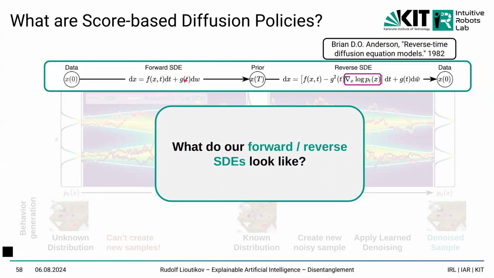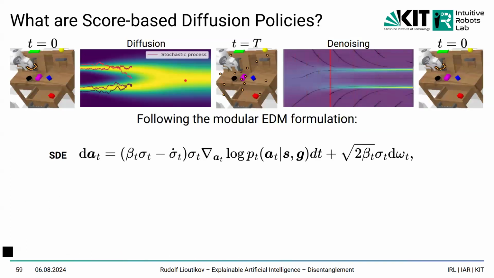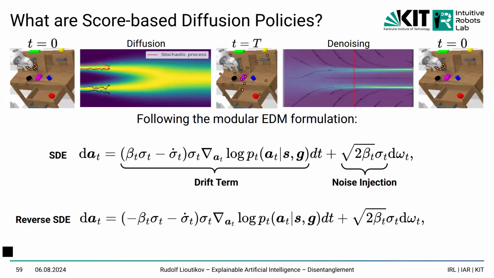In our case, all of this would be F, and this part would be G. By formulating F and G like this, we get a reverse SDE which looks almost identical.